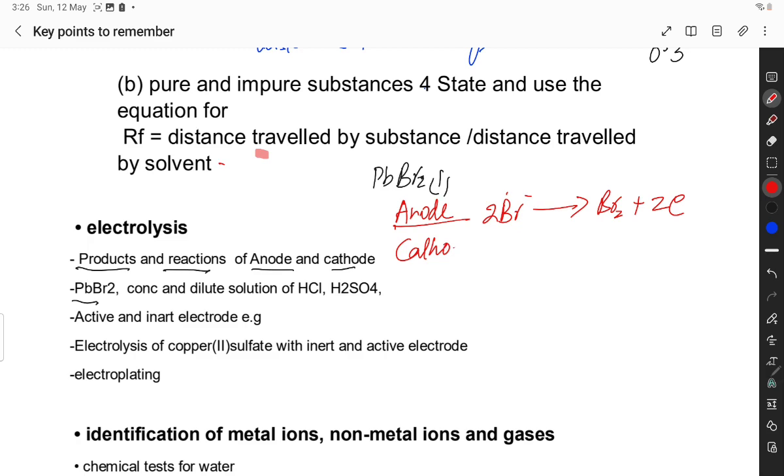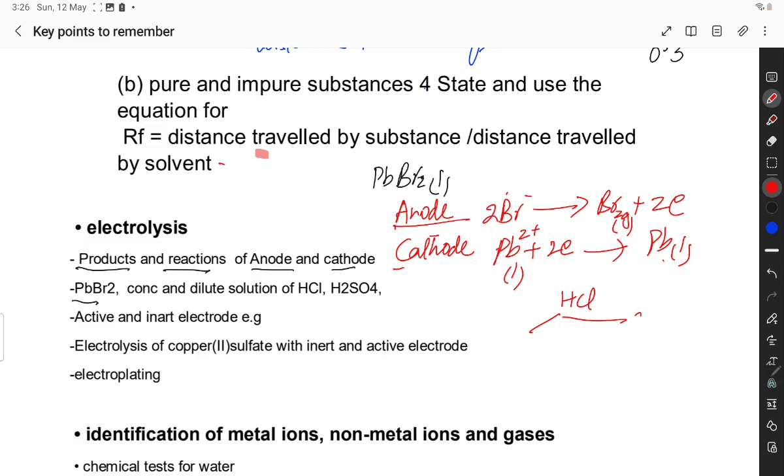Similarly, the cathode, you have done in paper 2 as well. So this is the equation of the cathode of lead bromide: Pb liquid. At the anode the product is brown gas, and at the cathode silvery lead, with brown fumes at the anode.